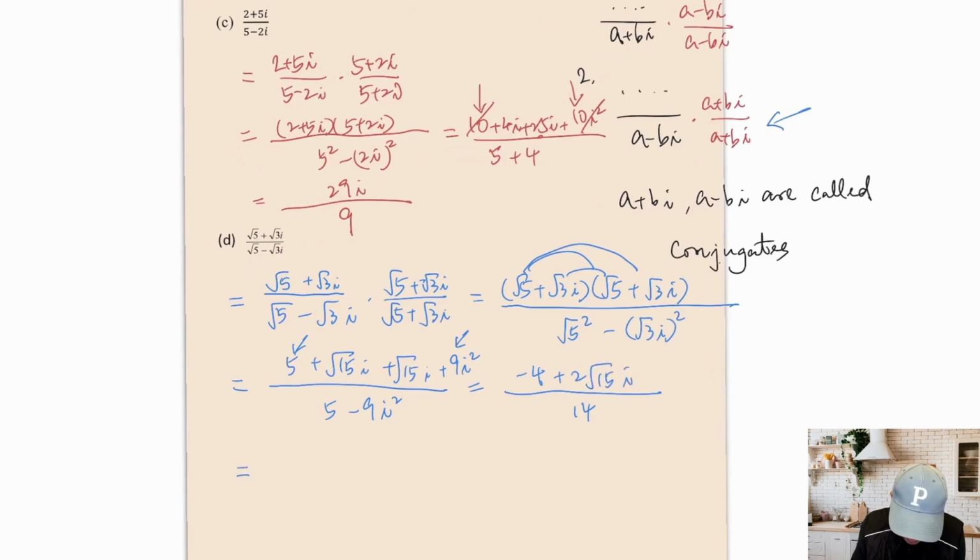See that there's a common factor of 2 in the numerator. We can take it outside, over 14 and cancel with the 14 in the bottom. So the answer is negative 2 plus root 15i over 7.